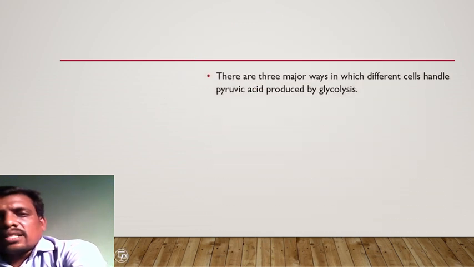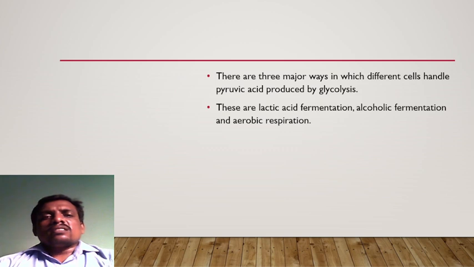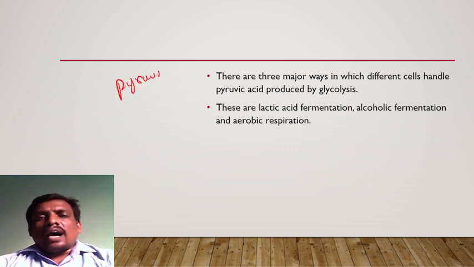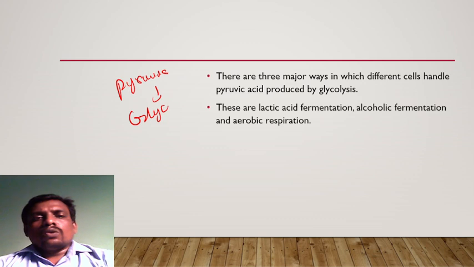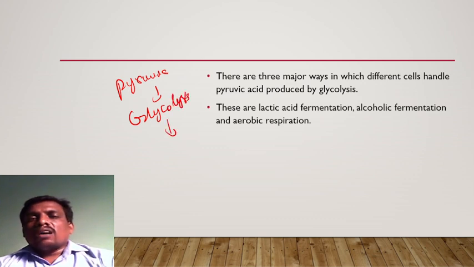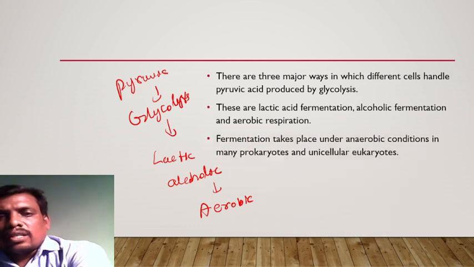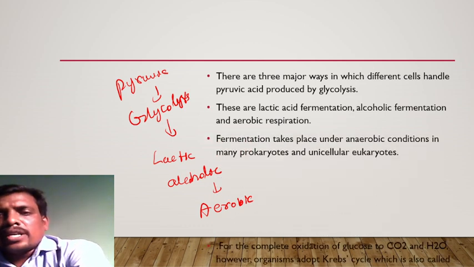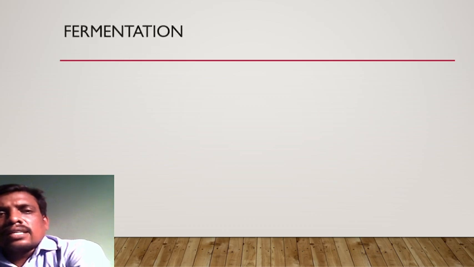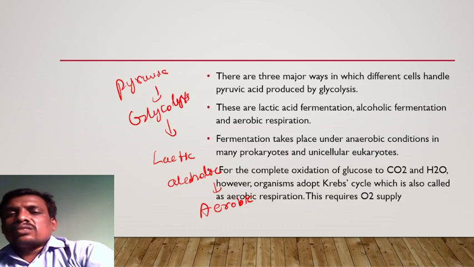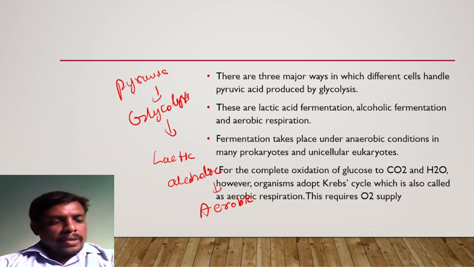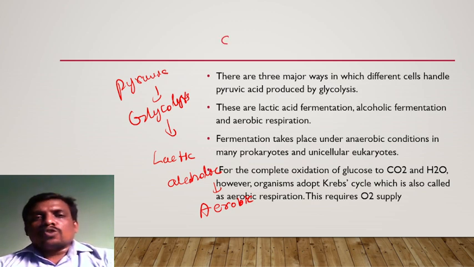Finally, there are three major ways in which cells handle pyruvic acid after glycolysis. These are lactic acid fermentation, alcoholic fermentation, and finally aerobic respiration. Fermentation takes place under anaerobic conditions, in the absence of oxygen.